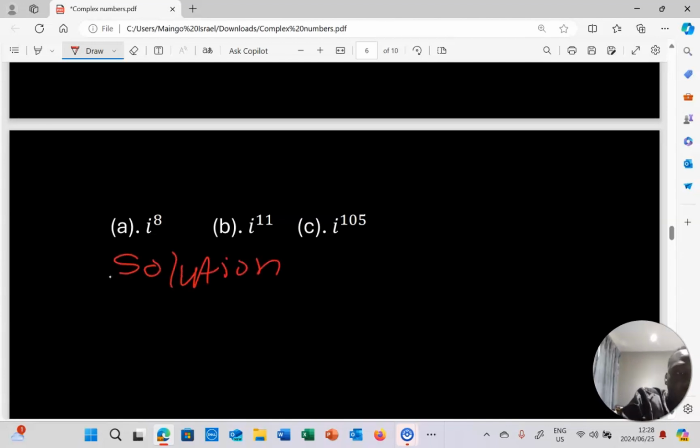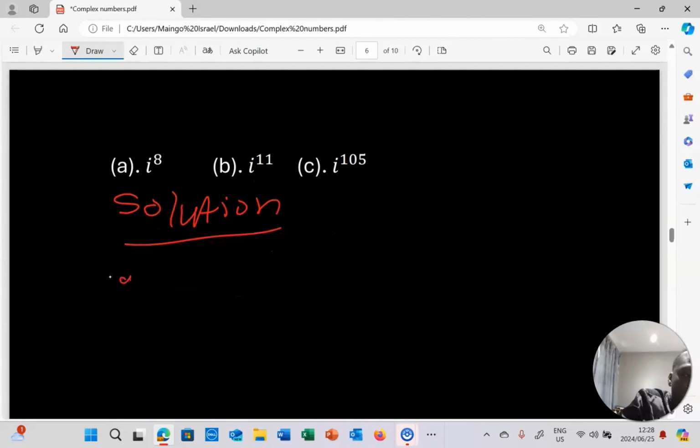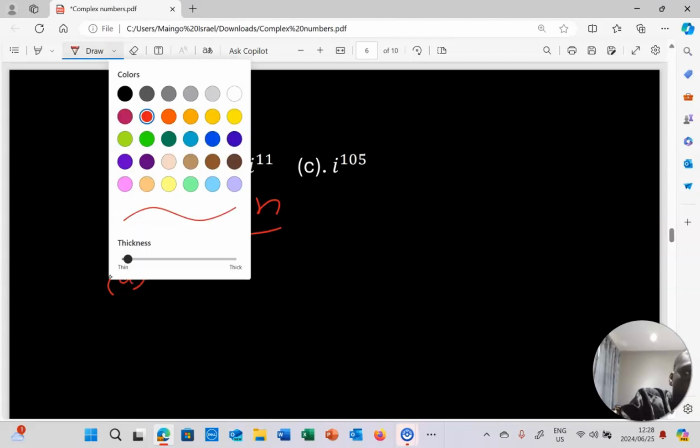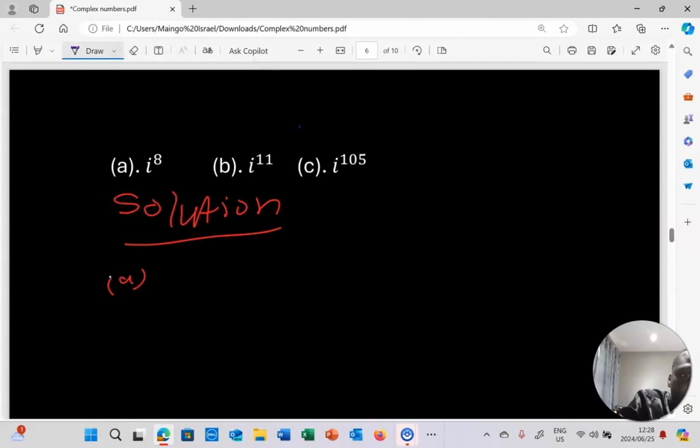Solution. So I to the power 8, let's also change the color here. I to the power 8 can be given by I to the power 2 times 4, since the factors of 8 are 2 and 4.